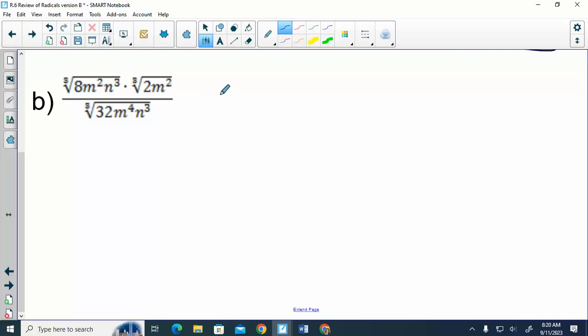Lots of different possible starting points. Let's look at the top first. We have these two cube roots being multiplied together. So let's go ahead and do that. So when we multiply them, it's still a cube root. 8 times 2, 16. M squared times m squared, m to the 4. And n cubed over my denominator.